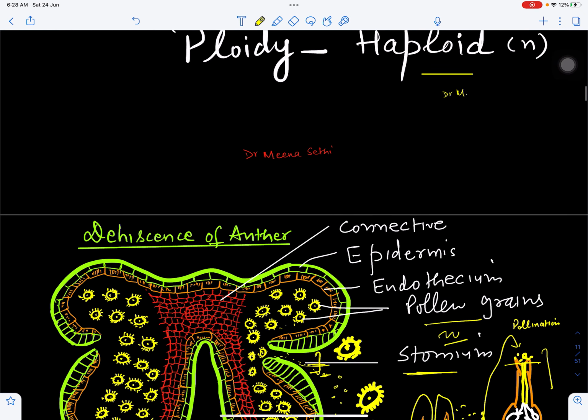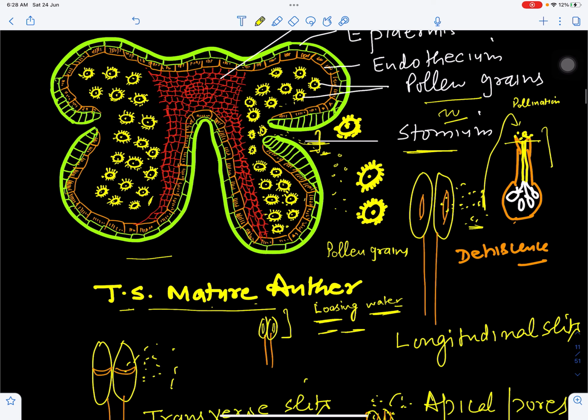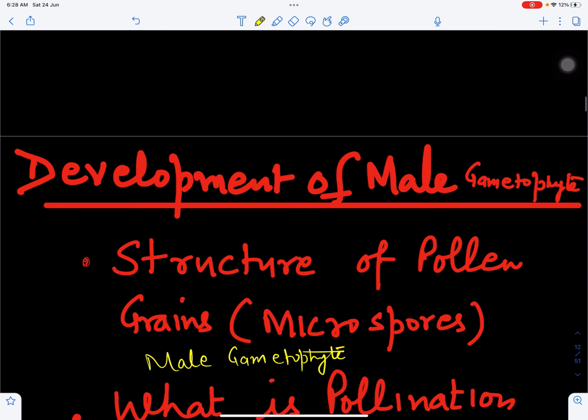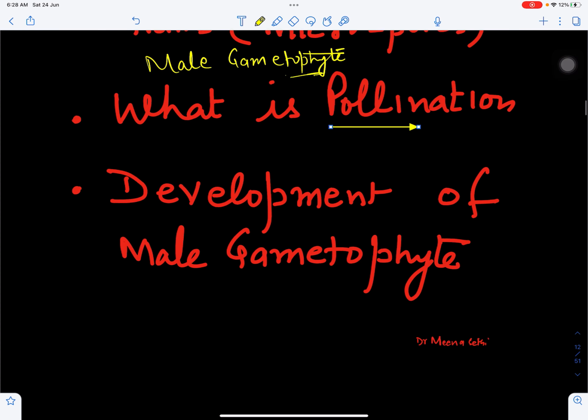Then the anther has matured and opened to release the pollen grains. So this is the mature anther. Then we discussed that after their liberation from the anther, after dehiscence, pollen grains develop into the male gametophyte. And when pollen grains are released and reach the stigma, this is called pollination.